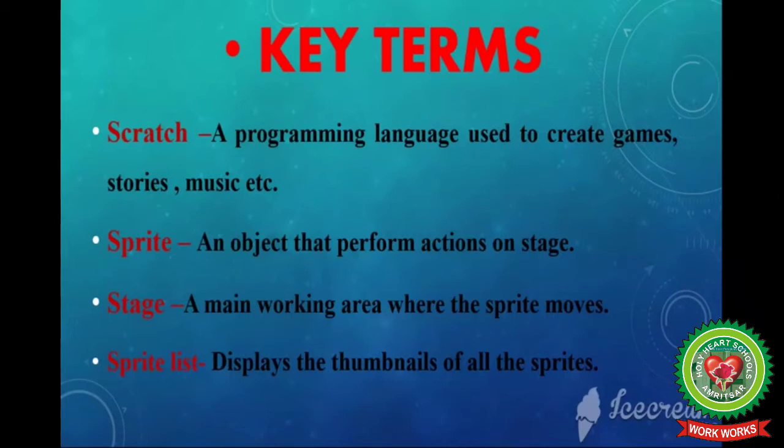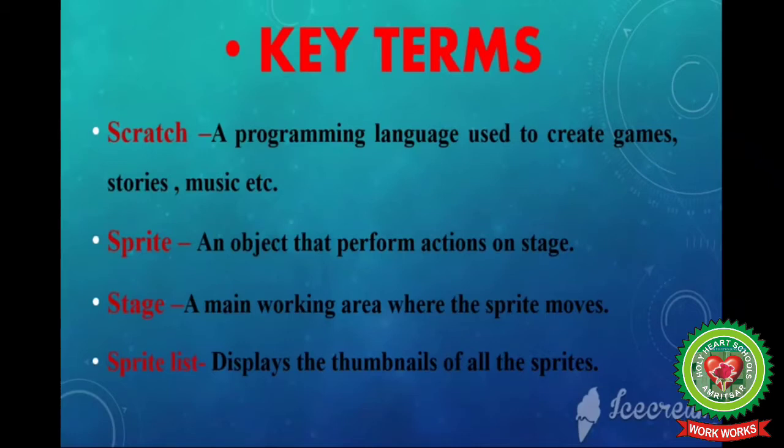First key term is Scratch. Scratch is a programming language used to create games, stories, music, etc. Second key term is sprite. Sprite is like an object that performs actions on stage.